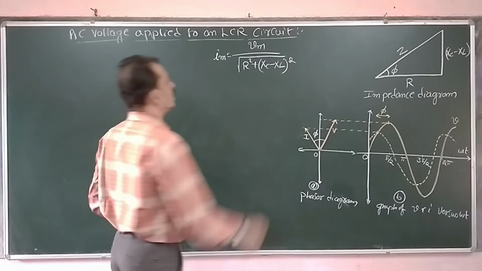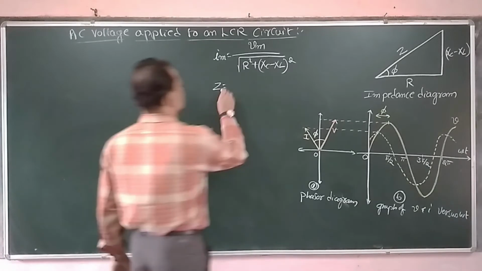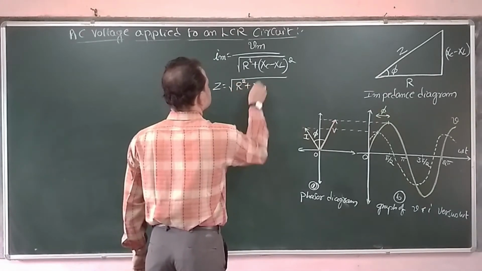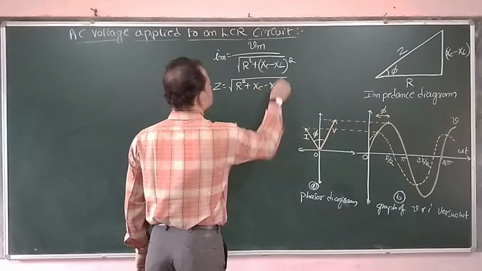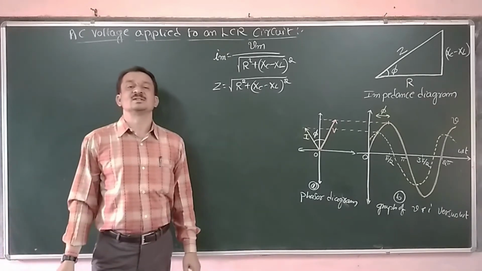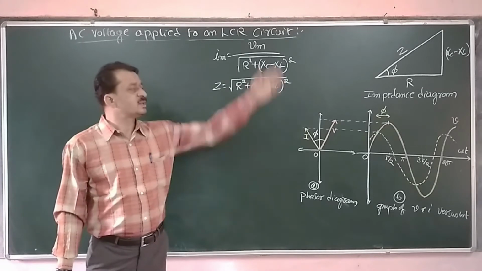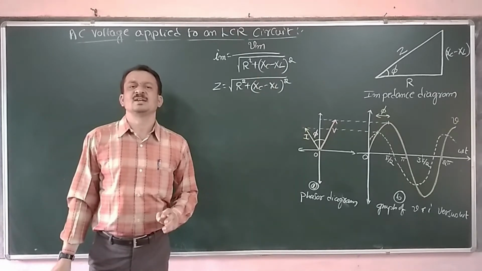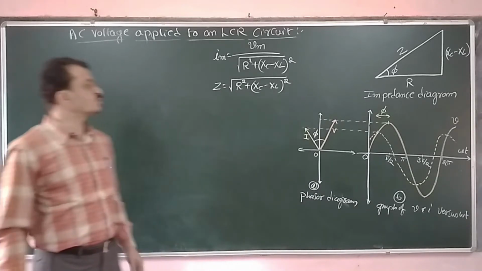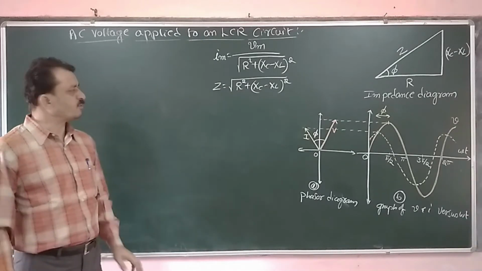Now this denominator term we have called impedance, given by Z is equal to square root of R square plus Xc minus XL whole square. The total opposition offered by the three components L, C and R to the flow of AC current is called impedance, and the expression for the impedance is this one.